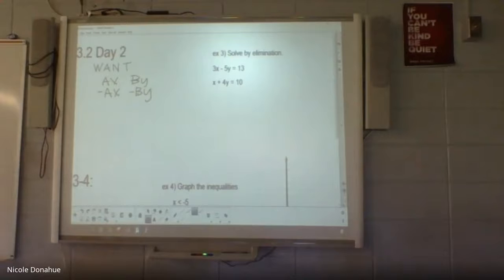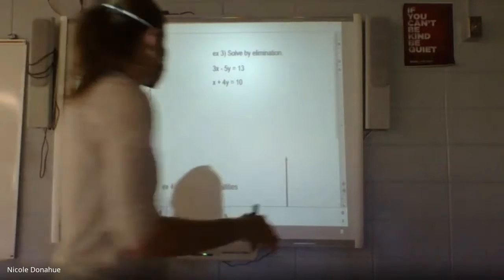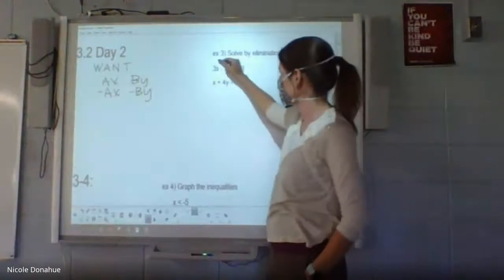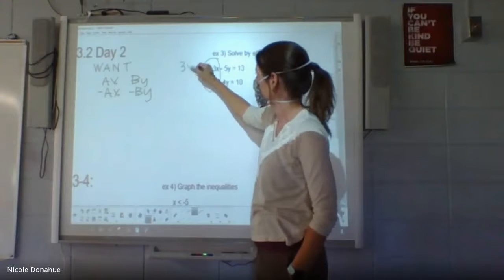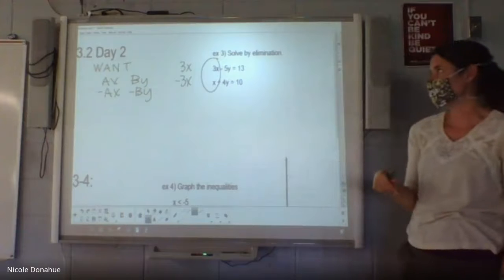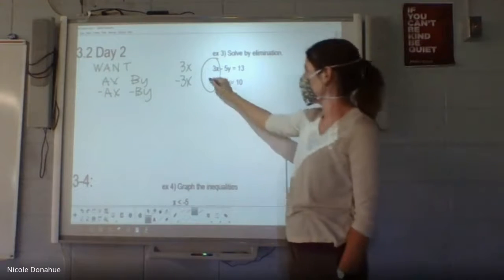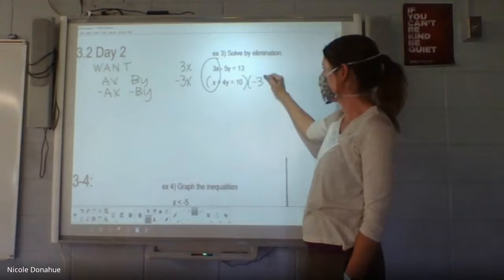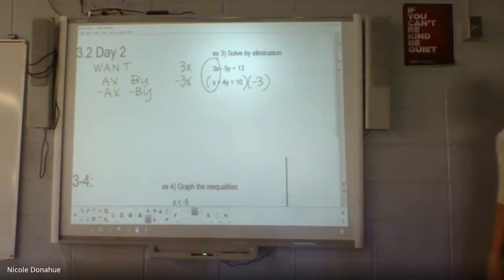So I have 3 and 1 or -5 and 4. Which one would be easier to make it match? Bottom one by -3. So if I could make this into 3x and a -3x, that would be ideal because then they'll cancel. So like you guys said, we're going to multiply the bottom row by a -3 to make that the opposite sign.